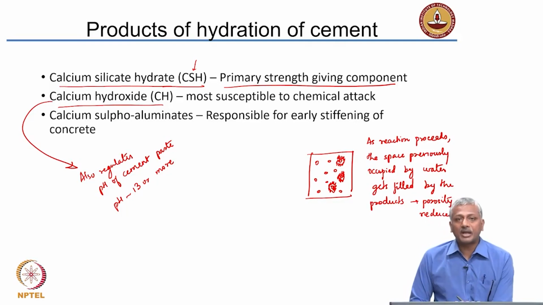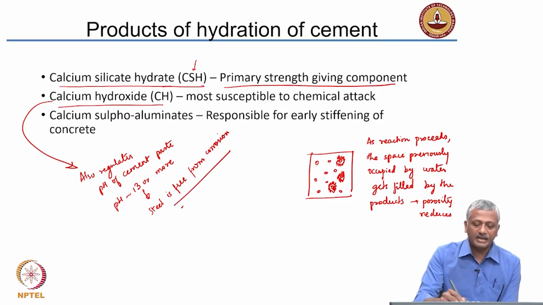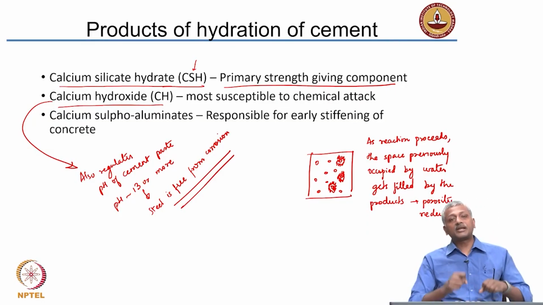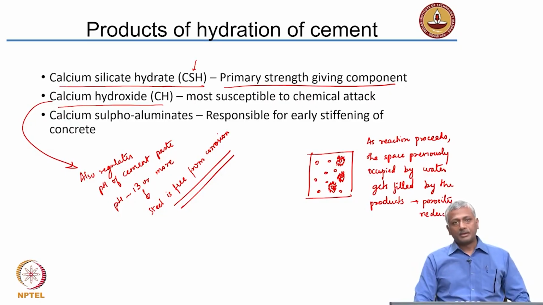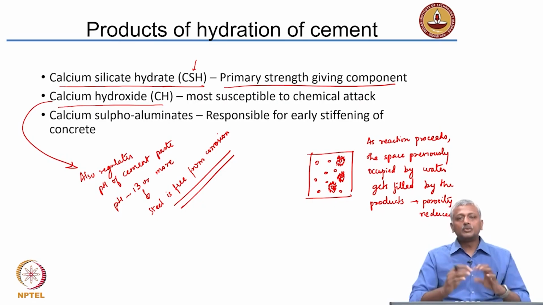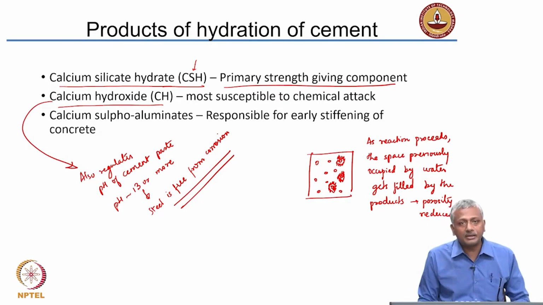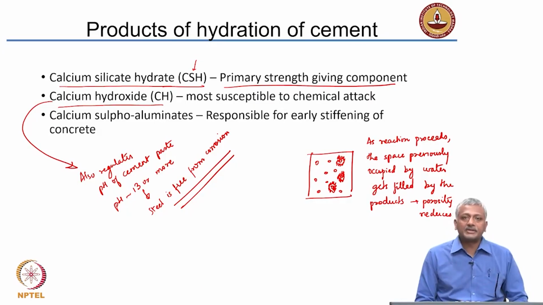And interestingly, what happens is at this pH, steel is free from corrosion. When the concrete produces a very highly alkaline environment, it protects steel from corrosion. When you have conditions that reduce this alkalinity, you will lead to corrosion of steel. So you want this highly alkaline environment, which is getting regulated by calcium hydroxide, to be present in your system.